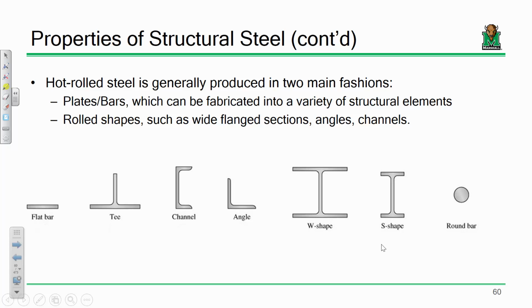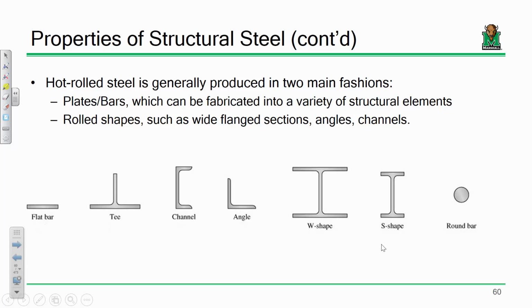Those are very common sections. As for the rolled shapes we're looking at, when I say rolled sections, what I mean is you have essentially molten steel, cast into billets, and then you use high-pressure rollers to compress that into a channel or an I-beam or an angle or something like that. That's what I mean by hot-rolled steel. Hot-rolled steel is what we're looking at here.